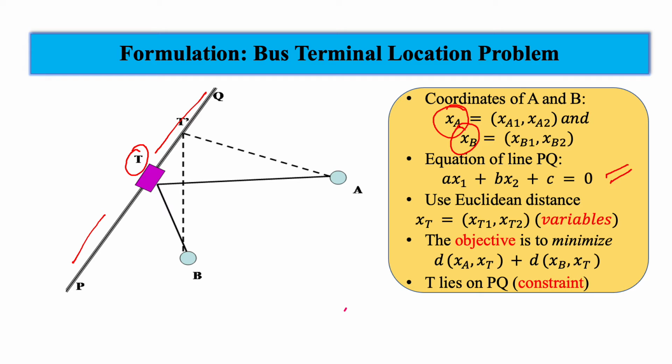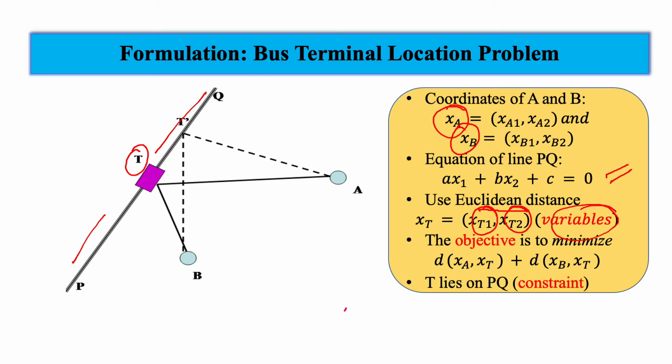We assume that we are using Euclidean distance. Now our aim is to find the location of this bus terminal, and it will have two coordinates xt1 and xt2. These are my variables. These are called the variables of the problem.